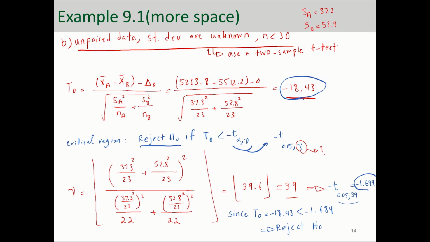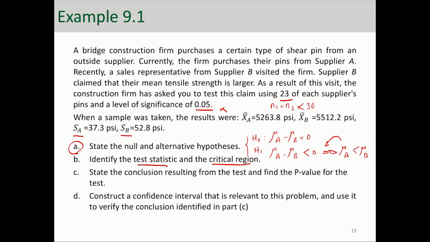And by rejecting the null hypothesis, what we're saying is that these are not the same, and supplier B apparently is giving higher tensile strength products.